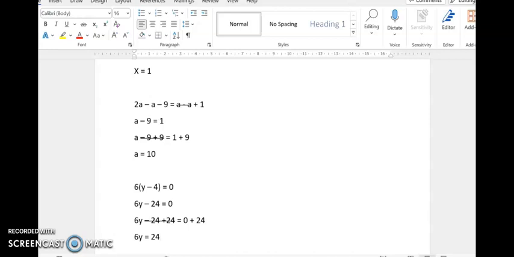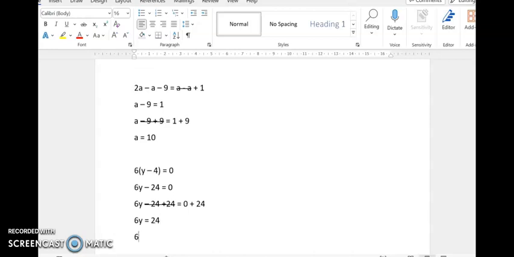We need to divide both sides by 6. So we have 6y, I think that looks better, divided by 6 equals 24 divided by 6.